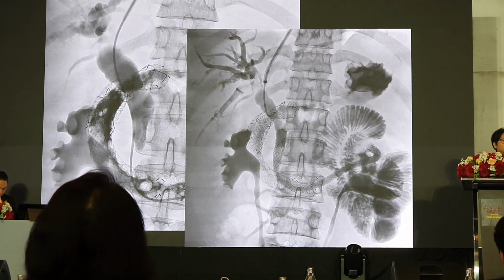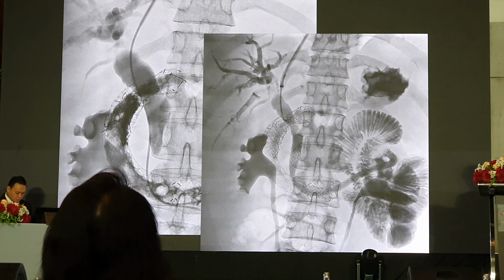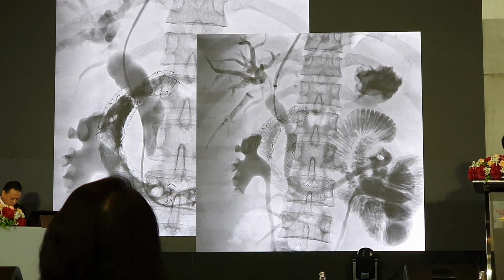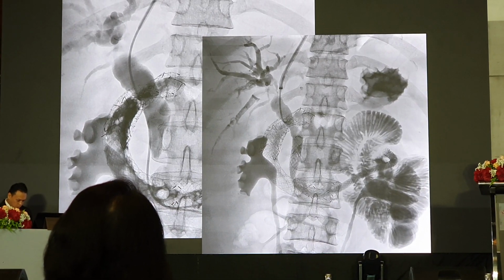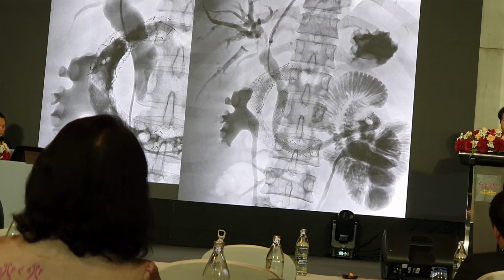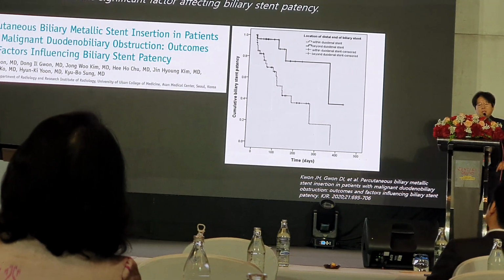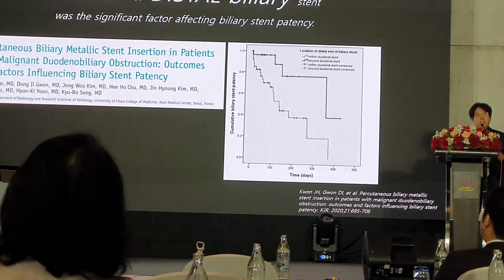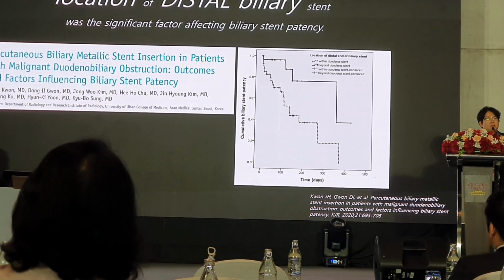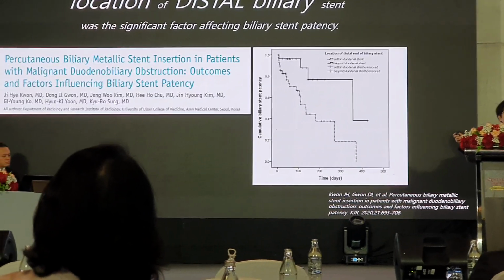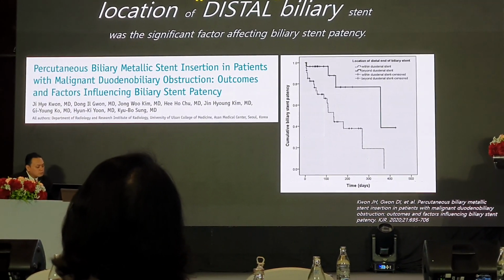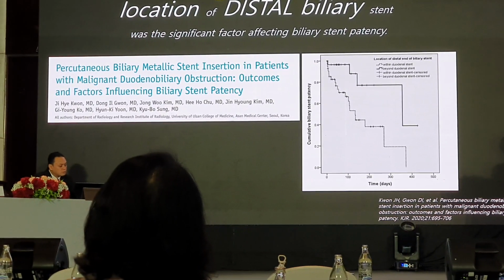So we successfully removed the 5-French catheter and the 9-French catheter without any embolization procedure of the puncture tract. So this is not an embolization procedure. As I mentioned, in a patient with a duodenal stent, the tip of the biliary stent should be placed beyond the distal part of the duodenal stent, and we already published about this.